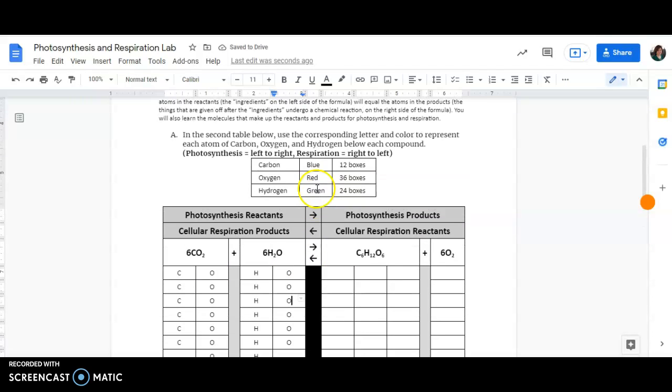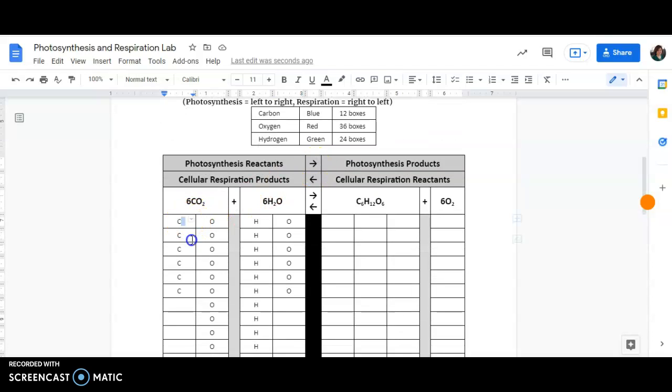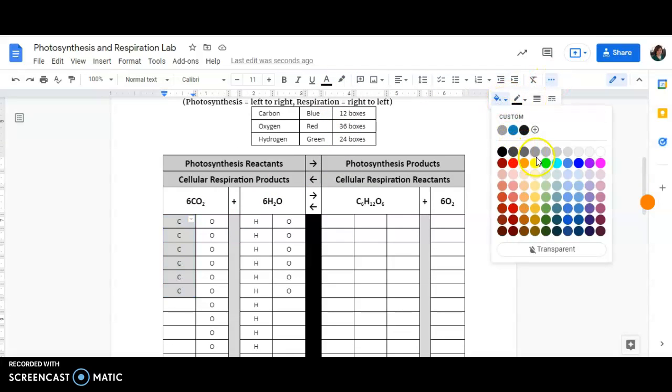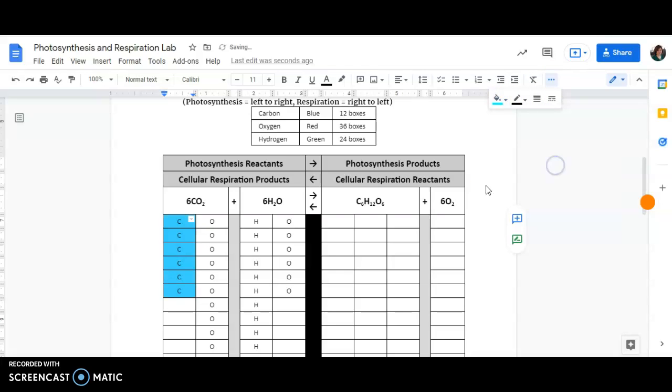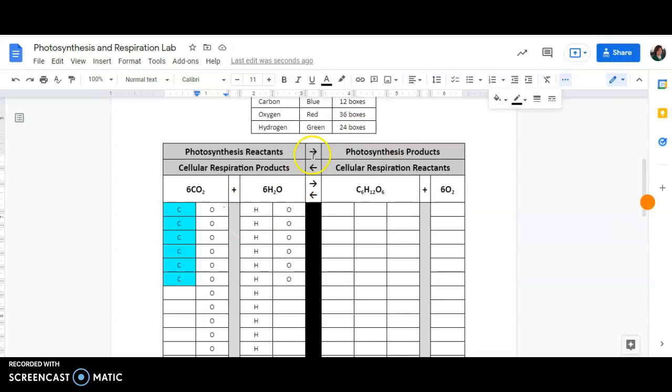Now, there was a color key up here, and it also told me how many boxes of each I should have total for the whole assignment. Carbon should be blue, so I'm going to color these in blue with my paint bucket. I'm going to use a lighter blue just so that we can see it. Oxygen should be red, and I should wind up with 36 of those at the end.